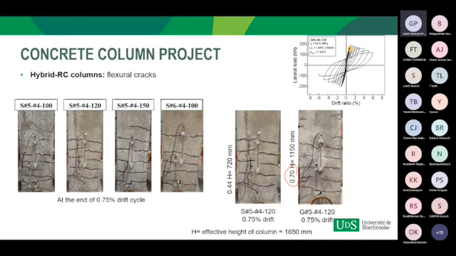I will tell you the reason about this. I've already told you one of the reasons: the GFRP reinforced column spreads the strain well, but in the case of the steel reinforced concrete column, the strains are localized only near the plastic hinge zone.